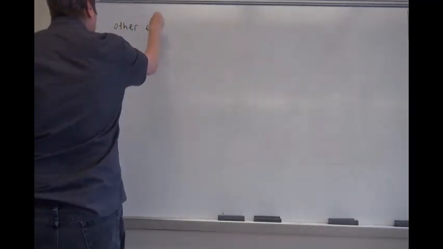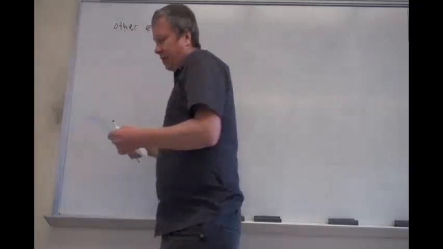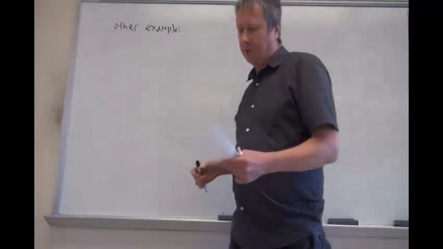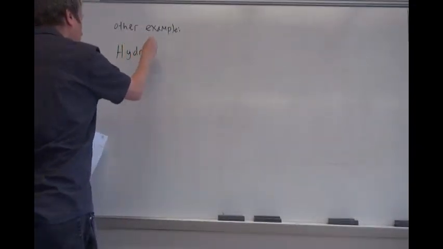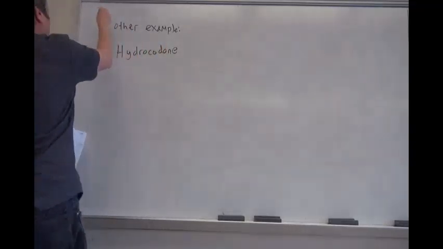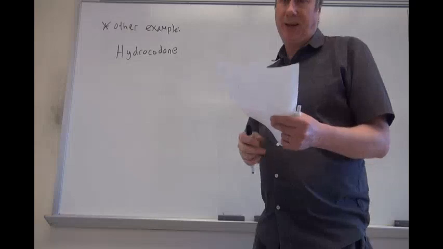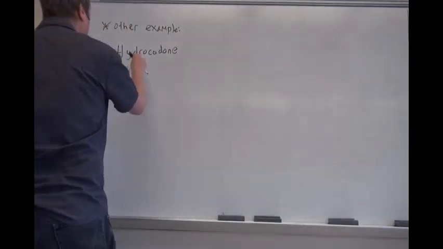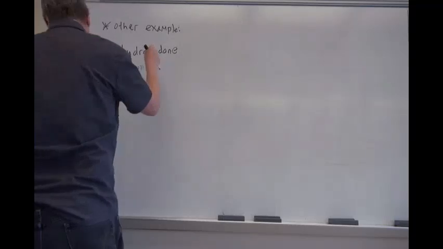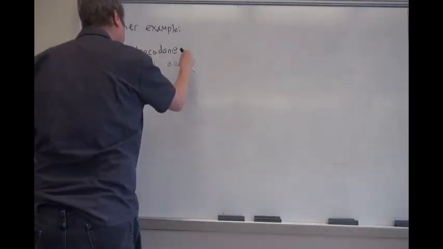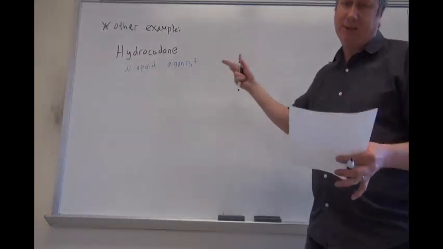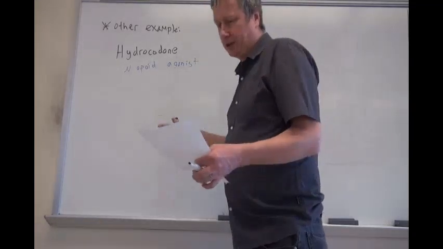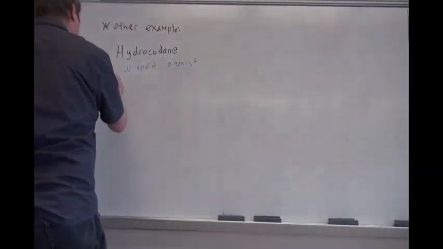All right, so this is the other example. Now we're going to discuss hydrocodone, which is also a mu-opioid agonist. You may have experienced this at some point if you went to the doctor for back pain or something like that. It's part of Vicodin.